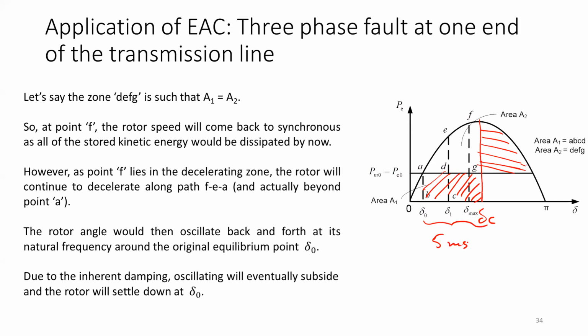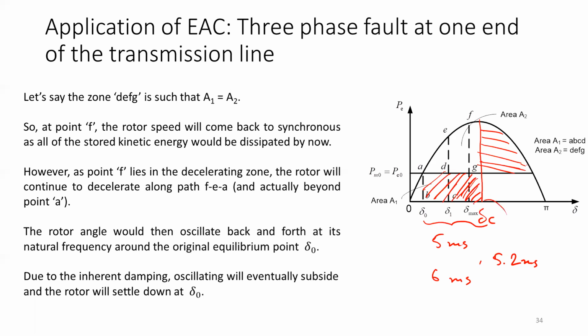So if the fault is cleared at 6 millisecond or say 5.2 millisecond, then what will happen to your system? Sir, system will be unstable. Exactly, the system will be unstable, because my accelerating area will be larger than the available decelerating area, and as such my system will become unstable.